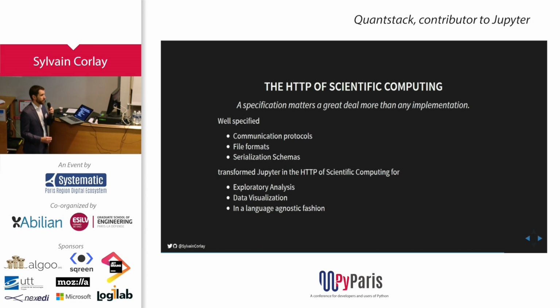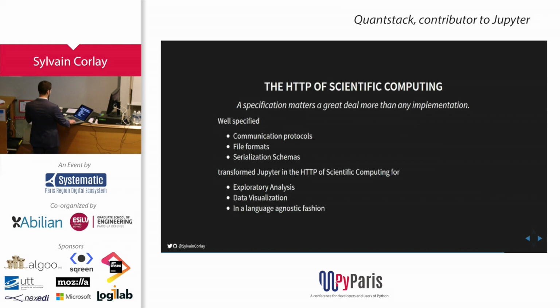So if you want to write an alternative implementation of any of the components, from the front end to the back end or your kernel, if you comply with this standard, you will benefit from all the other components of the Jupyter ecosystem. And this is true for any programming language. Jupyter is common infrastructure for R, Python, Julia, Octave, Scilab, and whatnot. And this is true from exploratory analysis to data visualization, in a language-agnostic fashion.